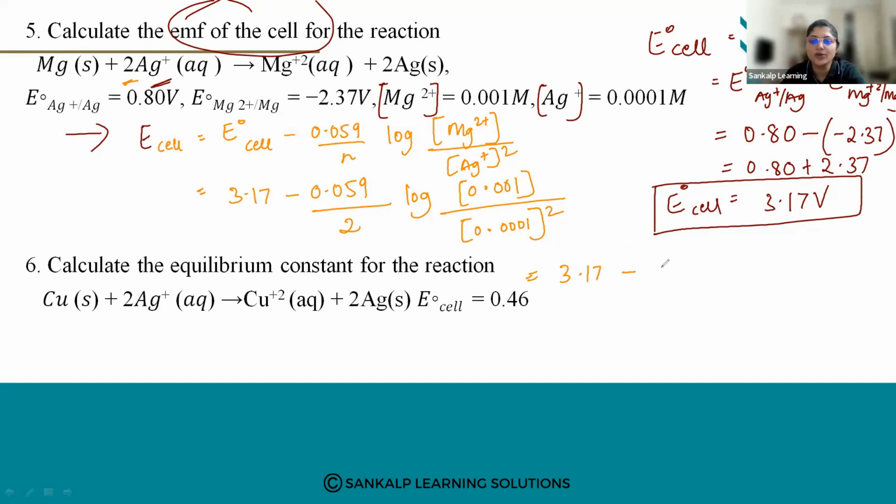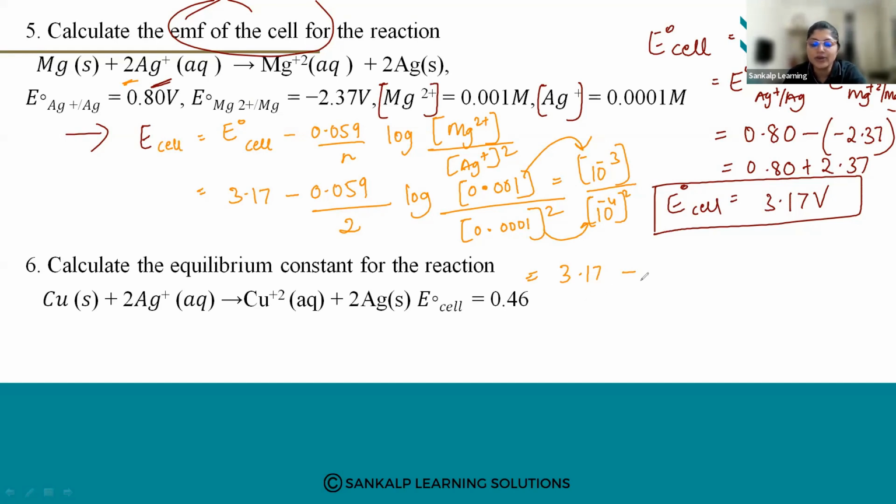The answer should be solved stepwise. So 0.001 can be written as 10 raised to minus 3, when I shift the decimal this side. And 0.0001 becomes 10 raised to minus 4, squared. I'm just representing it in the raised to manner.